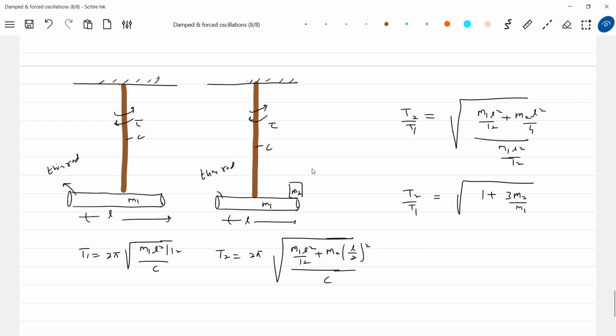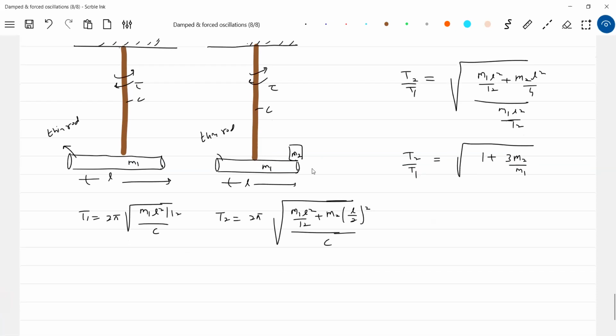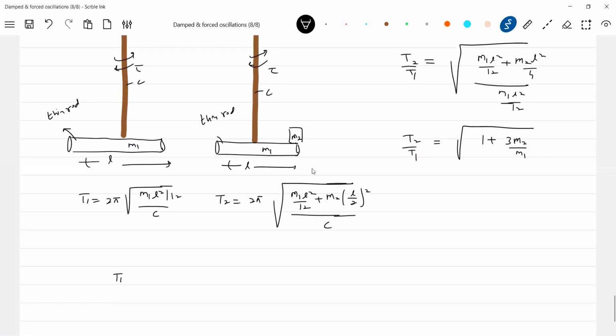So instead of this, you take the difference of these two: T2 square minus T1 square equals 4 pi square by C times something.